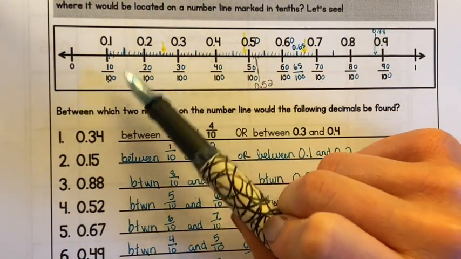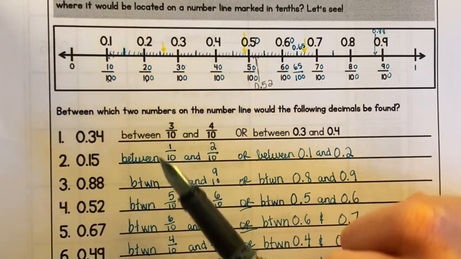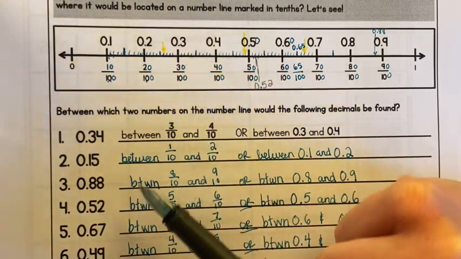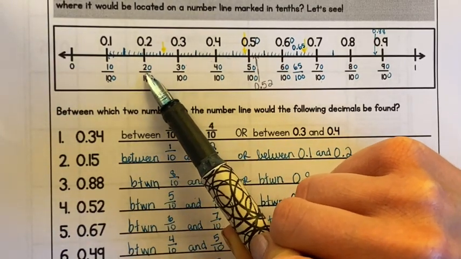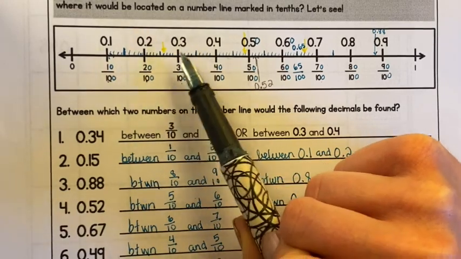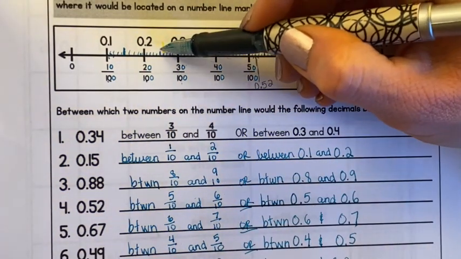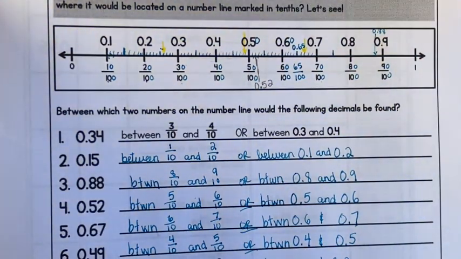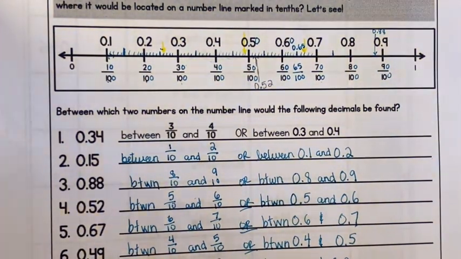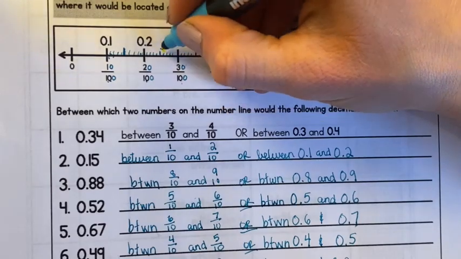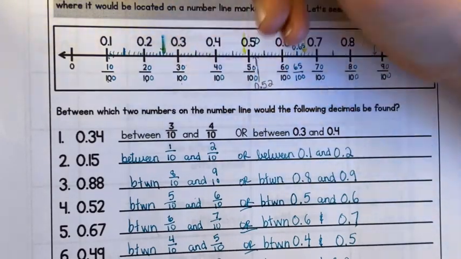So it's between 0.2 and 0.3. It's between 2/10 and 3/10. It's between 20 hundredths and 30 hundredths. They're all the same, guys. These are all different ways of writing the same spot on the line. It's all showing you the spot on the line right here.